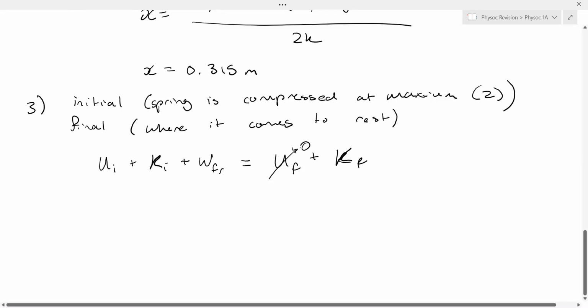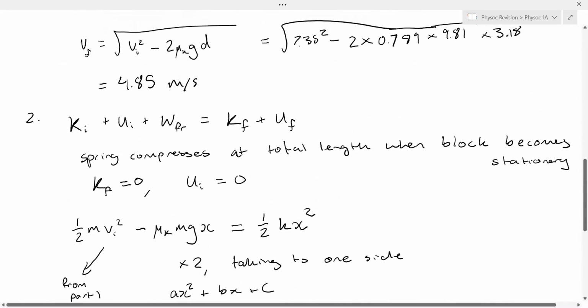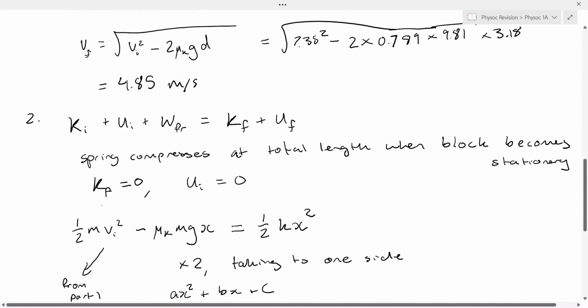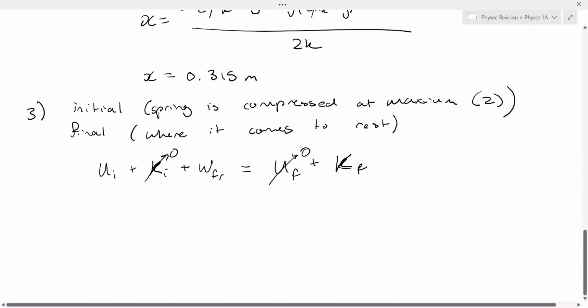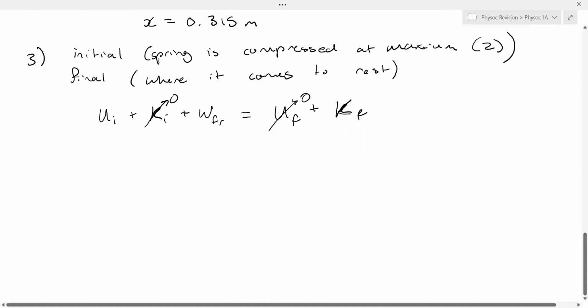Our initial kinetic energy, well, from our previous part here, we said our final kinetic energy was 0 when it compressed the most. So our initial kinetic energy in this part is going to be 0, where it's just stopped and pushed the spring right to the edge. And so it's only the spring potential energy that's going to be kicking it back.